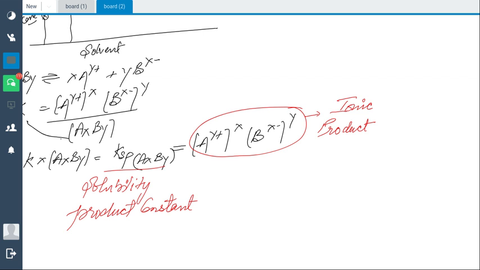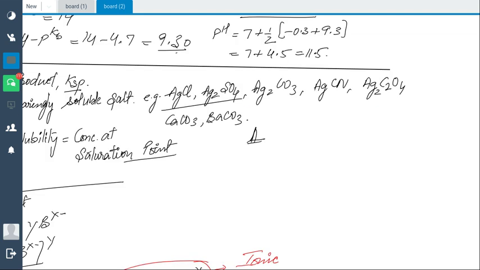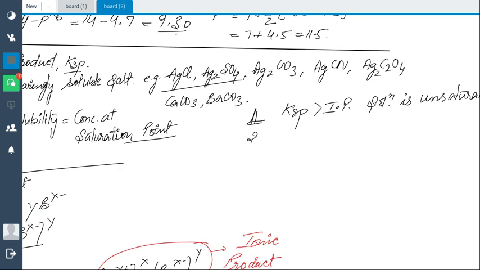Now see, what is the point? The point is there are three cases. First case, when Ksp is greater than Ip, that is ionic product, we will say solution is unsaturated. Okay.